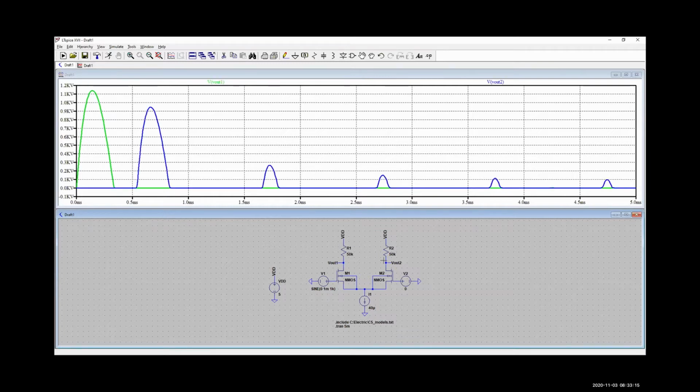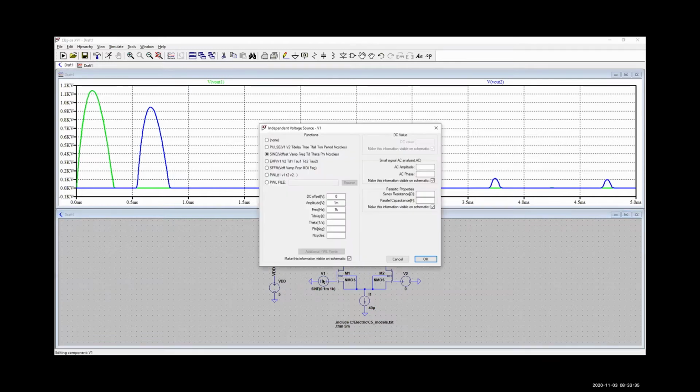Why are we getting, this is not remotely what I was expecting. Let me see something here. Why are you not behaving today? 1 millivolt, 1 kilohertz, no DC offset.